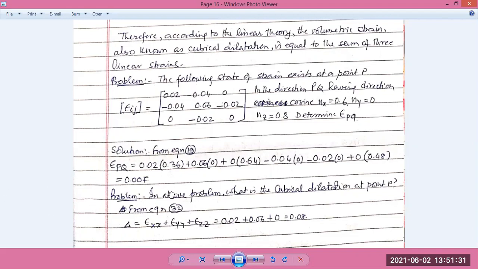Epsilon PQ is equal to epsilon xx, that is the elongation of the line.